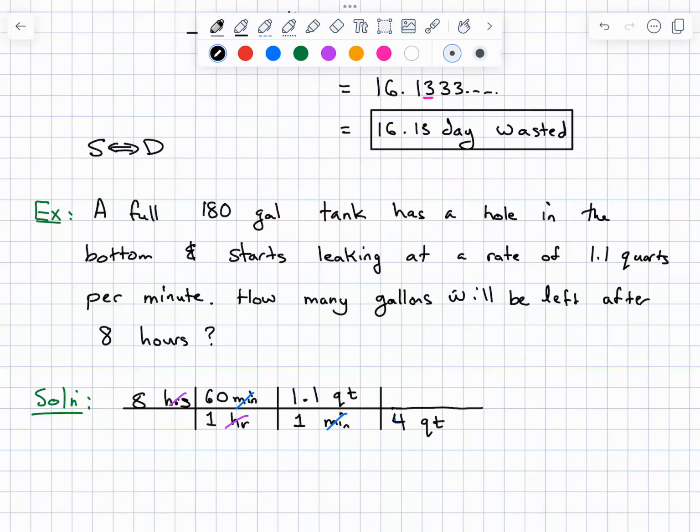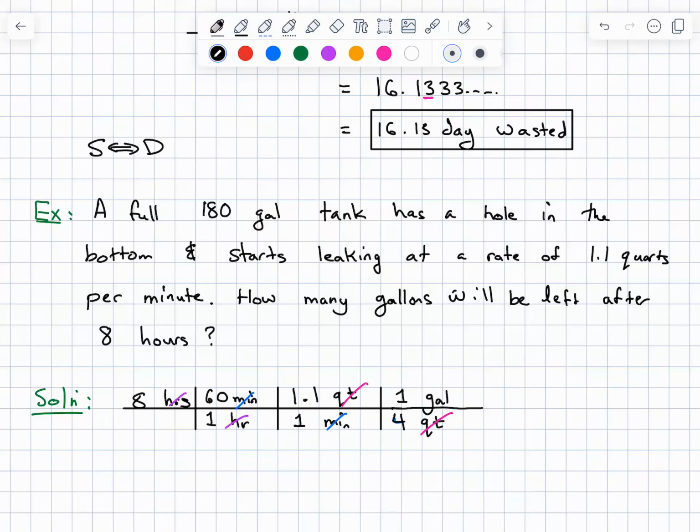Once again, there should be a unit conversion chart. You can even ask Siri how many quarts are in a gallon. On the exam, I will provide you every necessary one on a sheet on the back. So 4 quarts to every 1 gallon, and that will cancel the quarts. And now I have gallons.